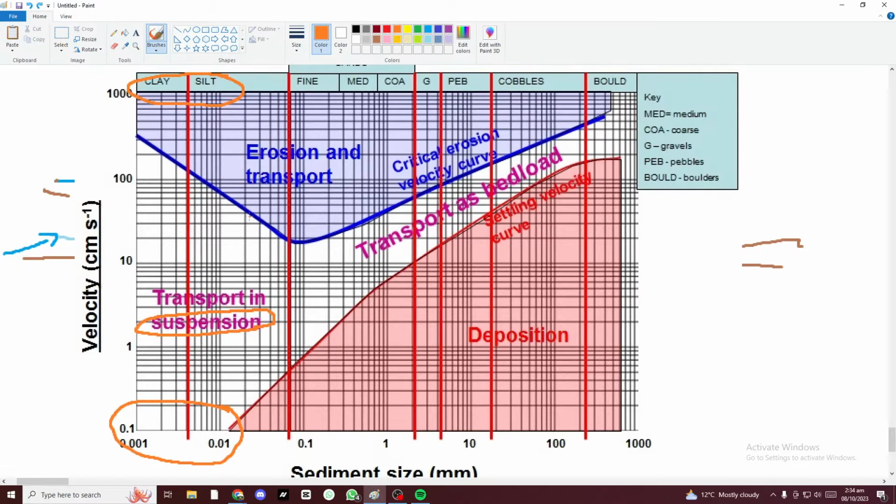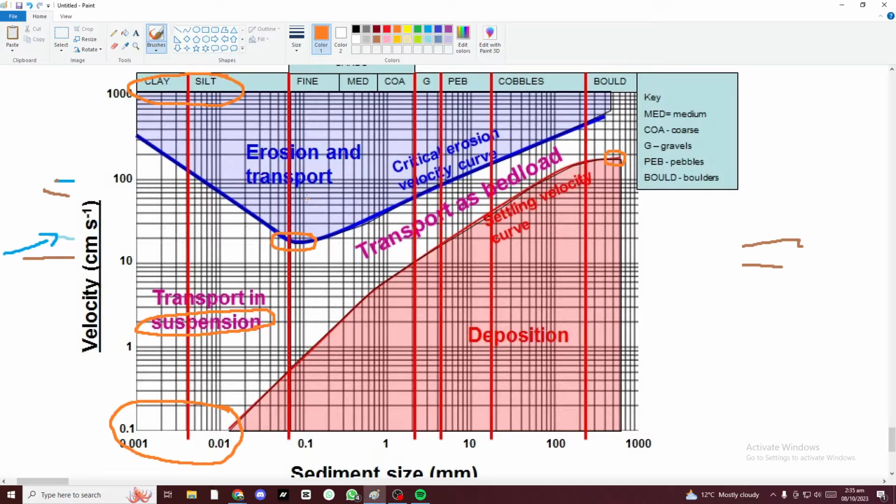This line here is the critical erosion curve, or critical erosion velocity, needed to erode these different types of particles. As you can see, here's the peak, here's the maximum velocity needed for erosion, and then here's the maximum velocity needed for deposition to occur.